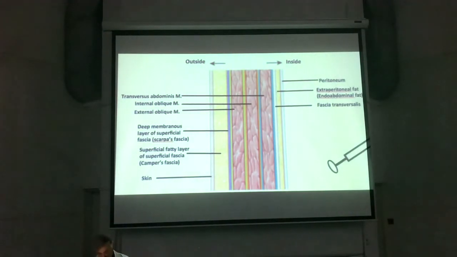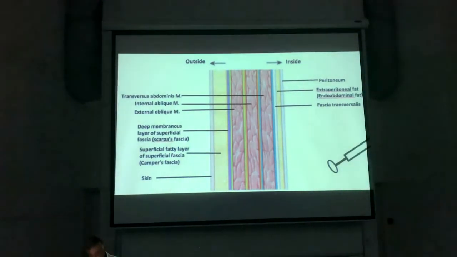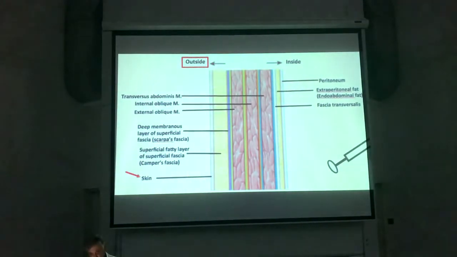These are the layers of the anterior abdominal wall. From outside: skin, then fat. The fatty layer is made of two layers. The superficial one, which is fatty, is called Camper's fascia.